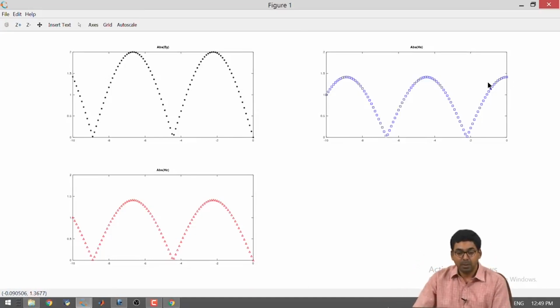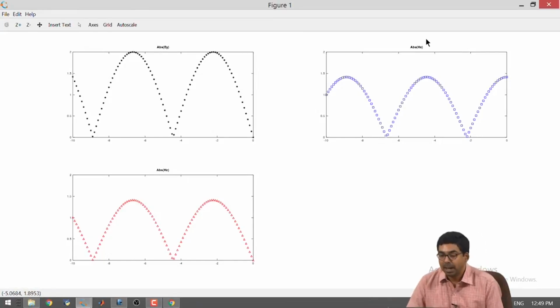If I look at this graph, I have placed one on top of the other deliberately so that I can see when Ey peaks, Hz also peaks, and when Ey goes to 0, Hz also goes to 0. So, I can say that Ey and Hz are in phase.